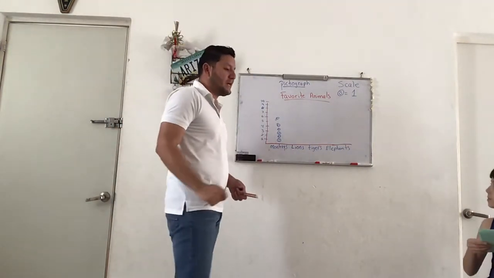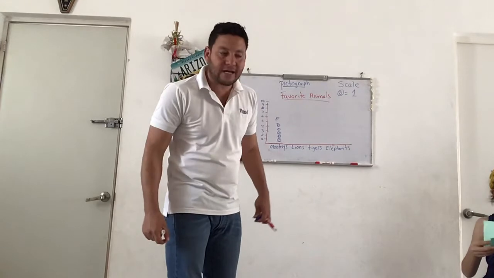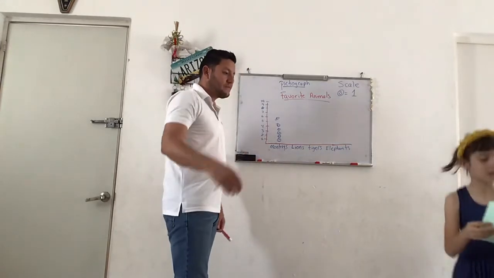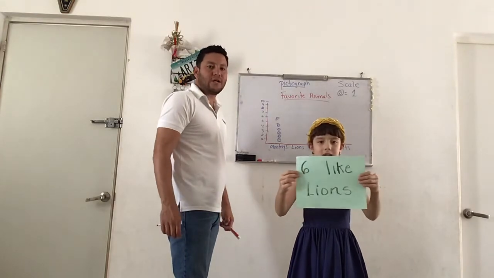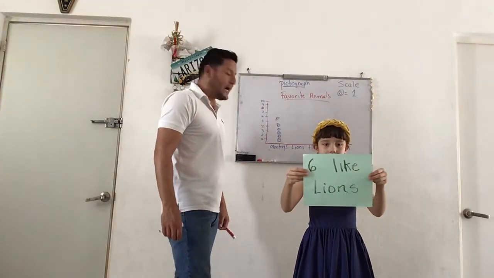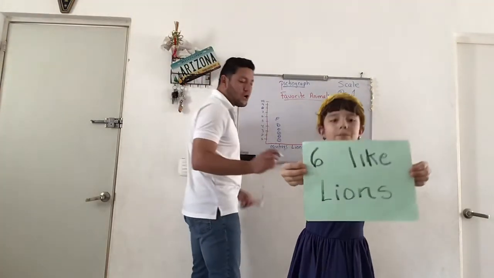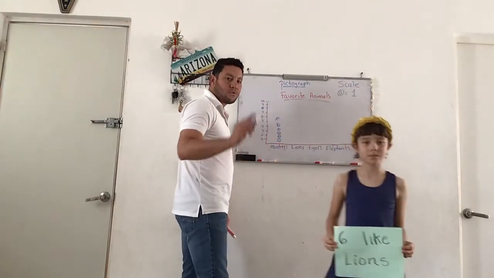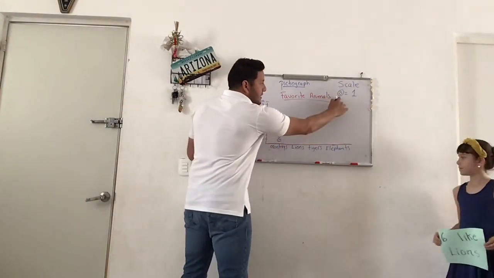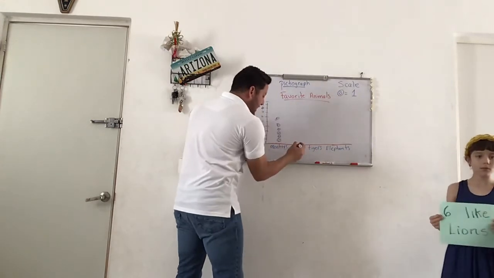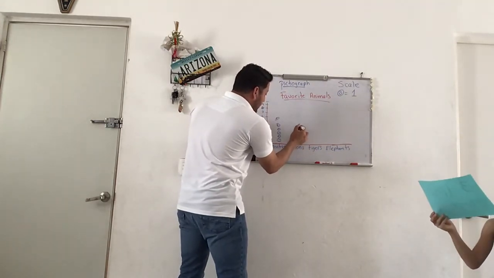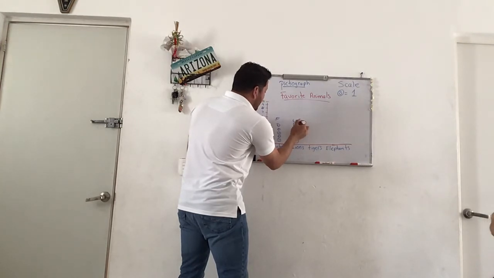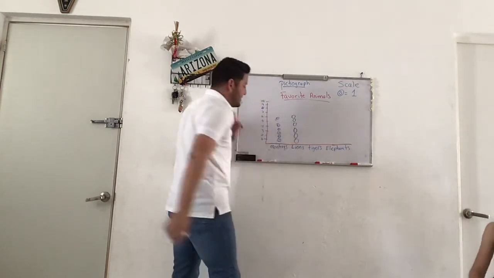What about lions? How many students like lions? Bianca? 6. 6 students like lions. Very good. So we are going to draw the scale, 6 smiley faces, okay? So we got 1, 2, 3, 4, 5, and 6.